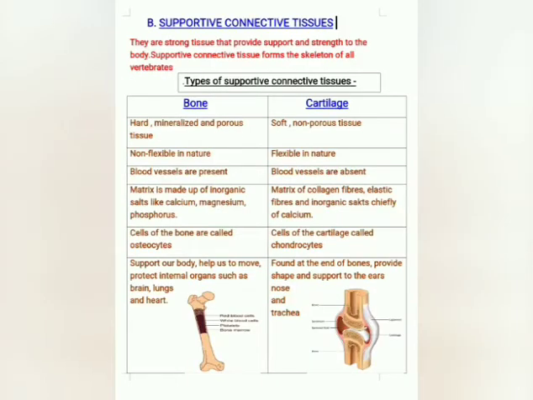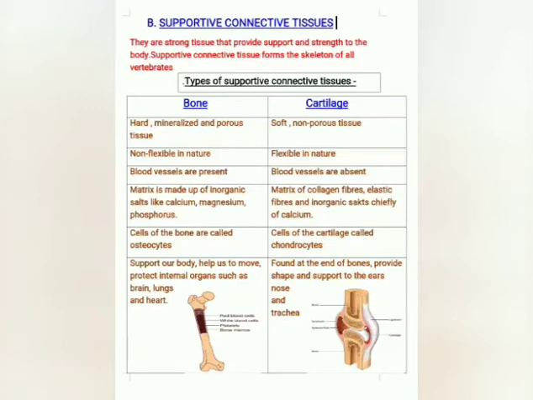Bone and cartilage are supportive connective tissue. We can twist our nose and external ears because they are made up of cartilage, whereas bones make the internal bony skeleton of the body. Bones are hard and non-flexible in nature and also contain blood vessels.